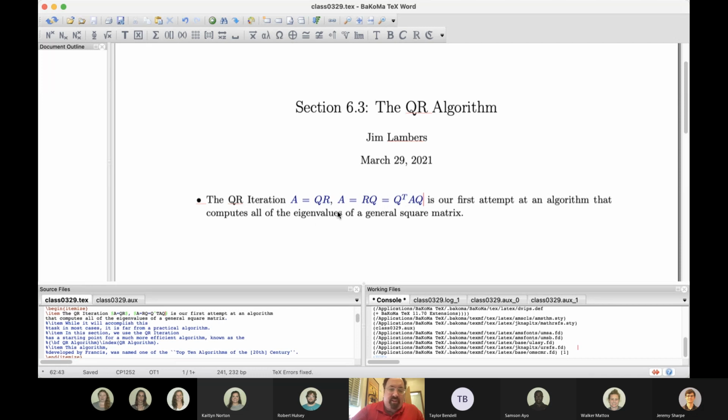I demonstrated this to you in MATLAB last week: by carrying this out repeatedly, we do get something that is approaching upper triangularity. So here we do have an algorithm that will compute all the eigenvalues of a general square matrix. This is really a good start.